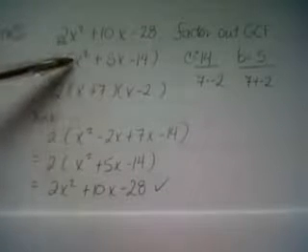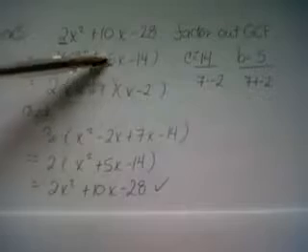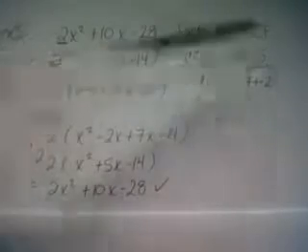I'm not finished. I'm going to look at this and say, can I factor this trinomial? Now my a value is 1, my b value is 5, and my c value is a negative 14. So I'm going to take my c value, which is a negative 14, and I want to find the factors of a negative 14 that add up to my b value, which is 5.